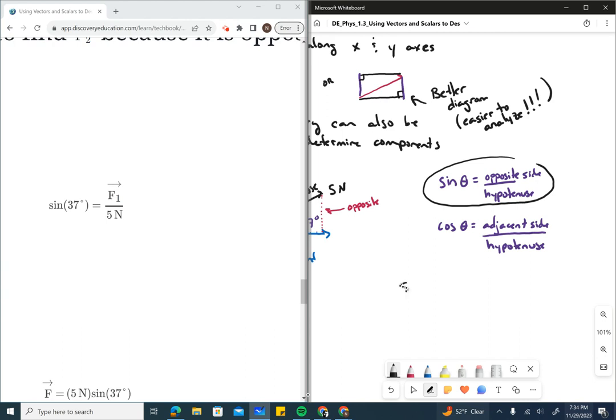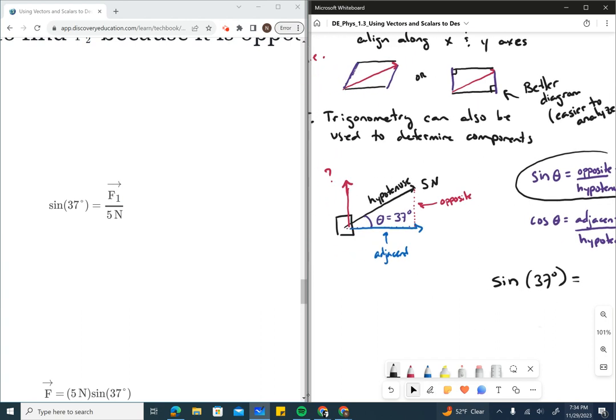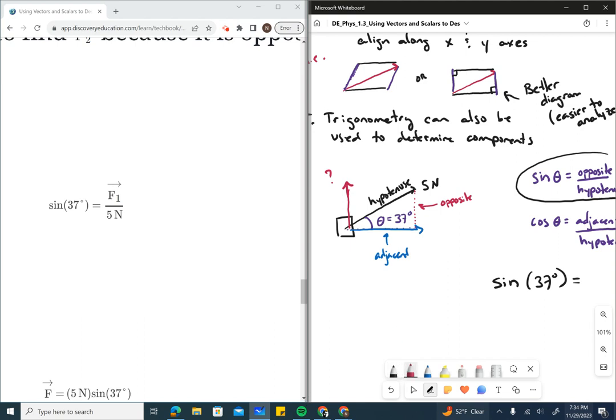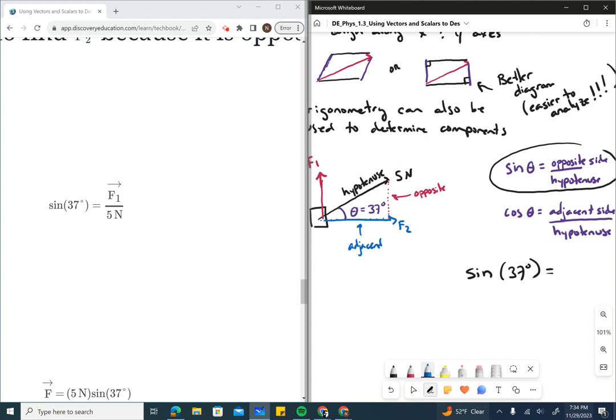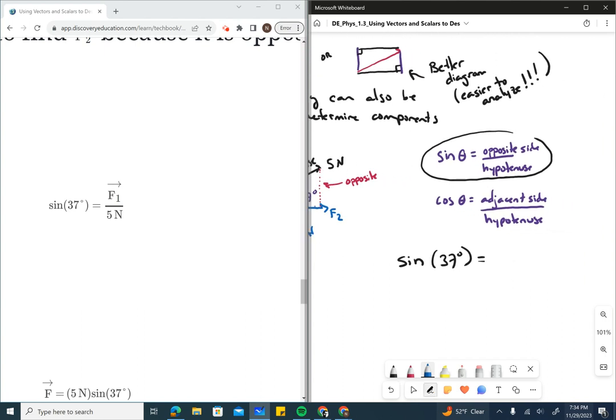So we'd say the sine of 37 degrees is equal to the opposite. Remember that this might have been our F1, and this was our F2. So the sine of theta is this opposite one, F1, the opposite vector, which we don't know, over the hypotenuse.